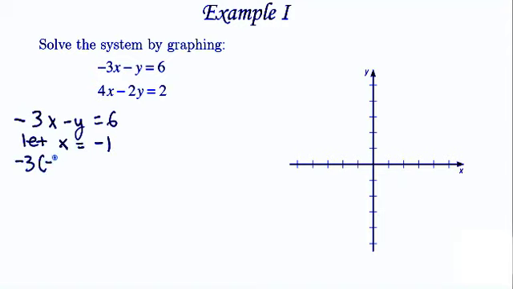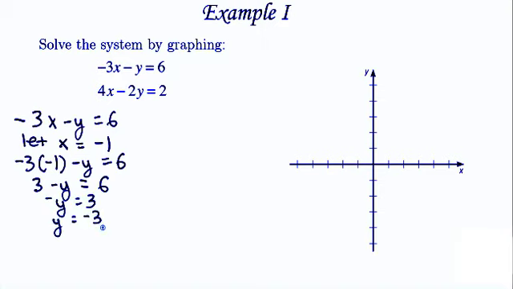Therefore, I will insert -1 as my x value, and then I'll solve for y. Okay, so what I ended up with is my first point, which is x equals -1 and y equals -3.